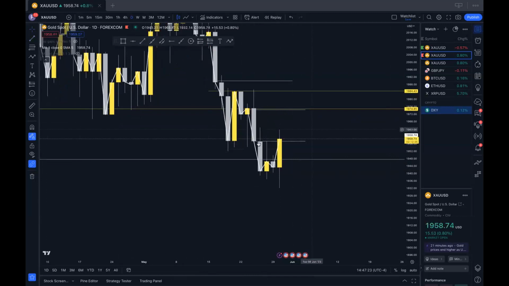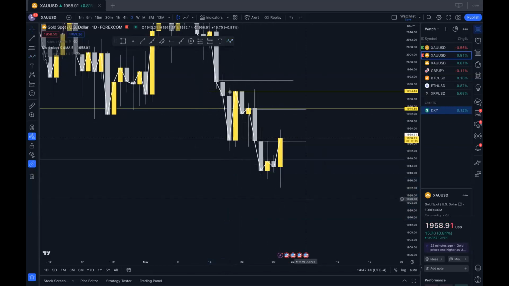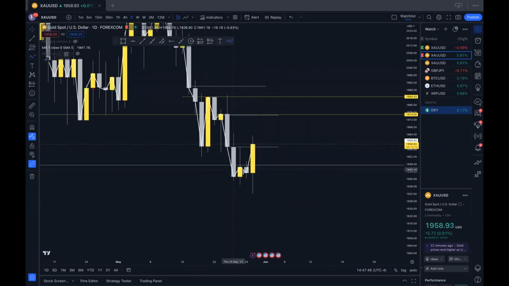We know that from the basic view of OHLC, this is open, low, high, and close. That's what we know, right? So on the daily, what we see is, again, open, low, high, and close.